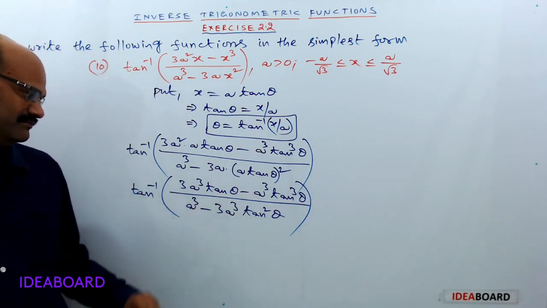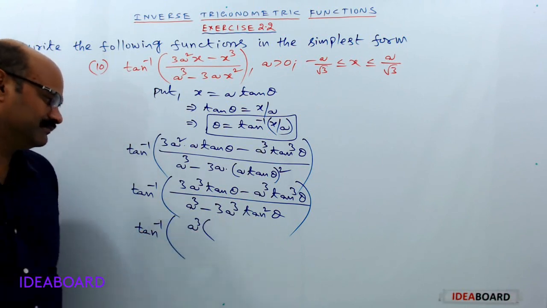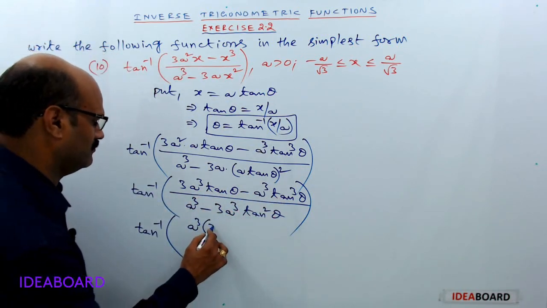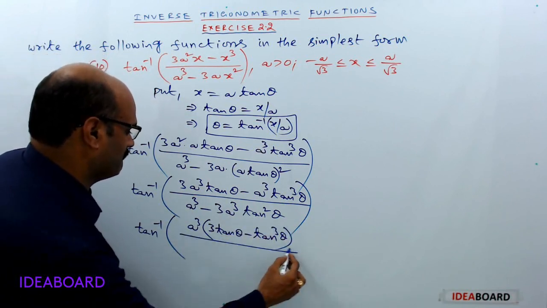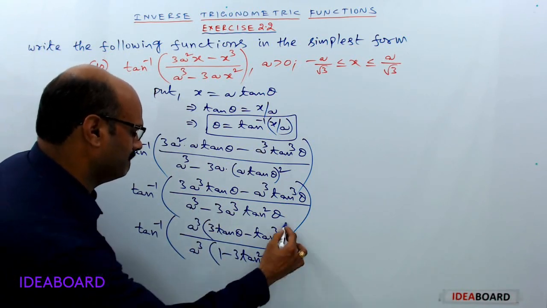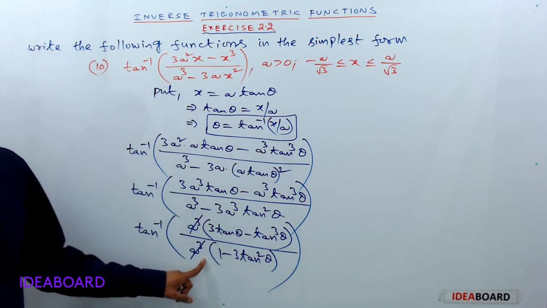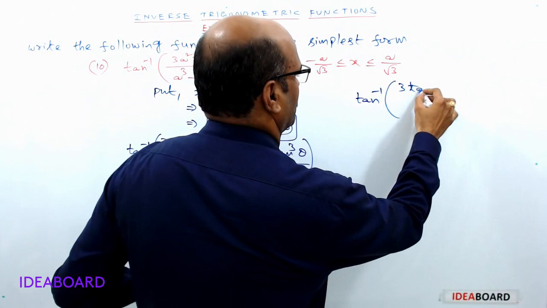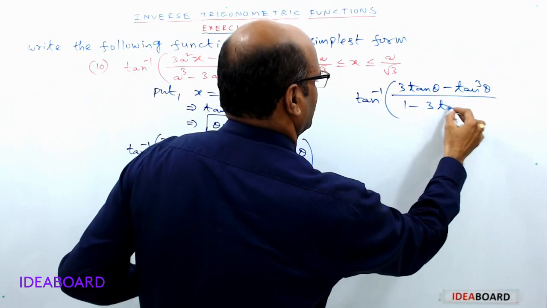In the numerator a cube is common here. So tan inverse of, take a cube common, 3 tan theta minus tan cube theta, upon a cube common, 1 minus 3 tan square theta. So a cube cancels. Then it's equal to tan inverse of (3 tan theta minus tan cube theta) upon (1 minus 3 tan square theta).